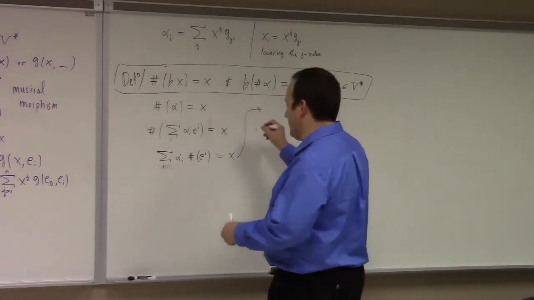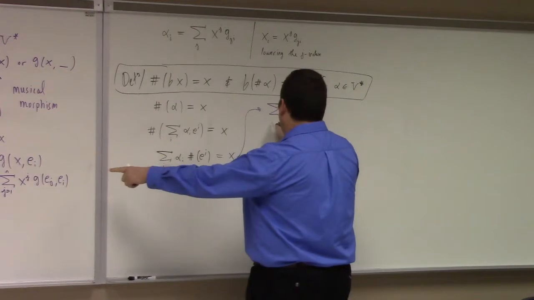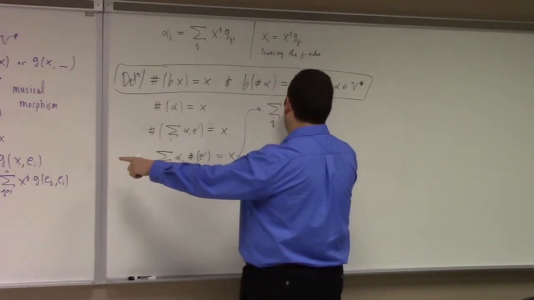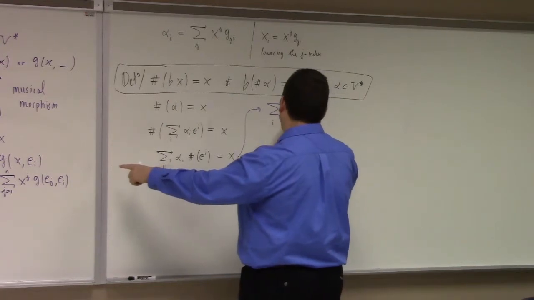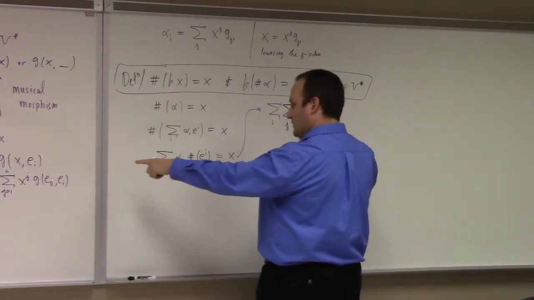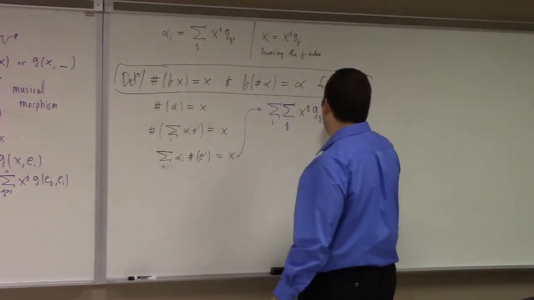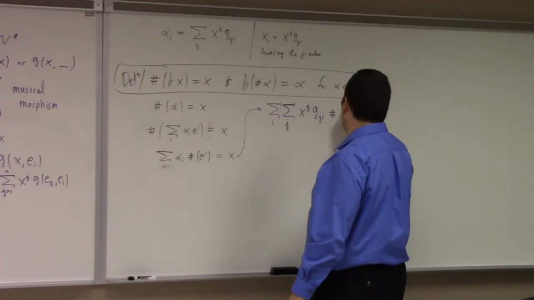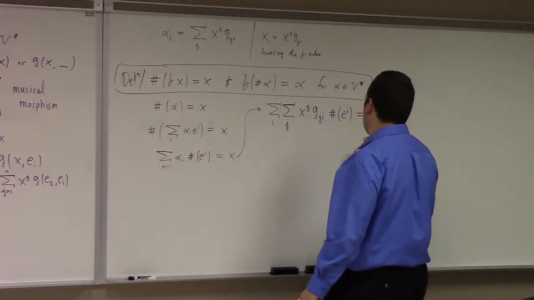So this gives us what? Alpha I was the sum over j, and then of course the sum over I is still there, right? But alpha sub I is x upper j, g lower j i. And then I've got the sharp of e i, whatever that is, right? That's all equal to x, which is equal to what?